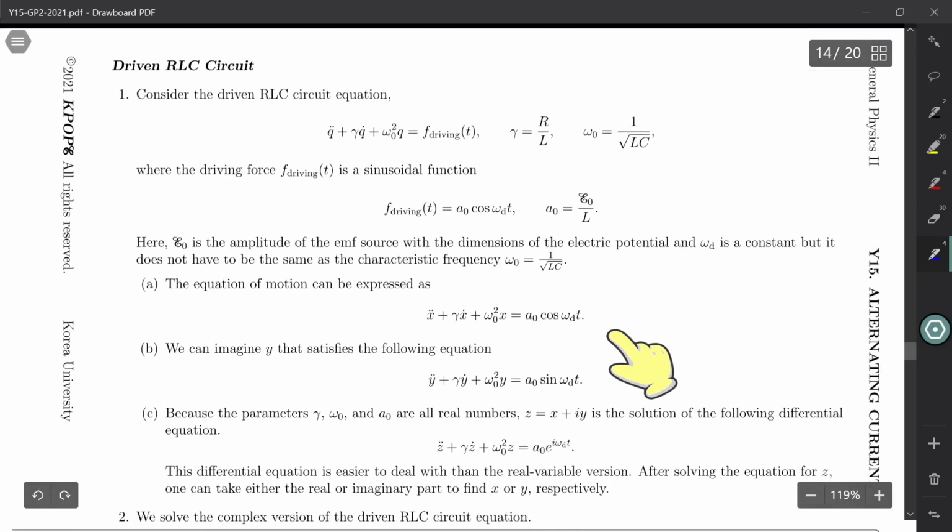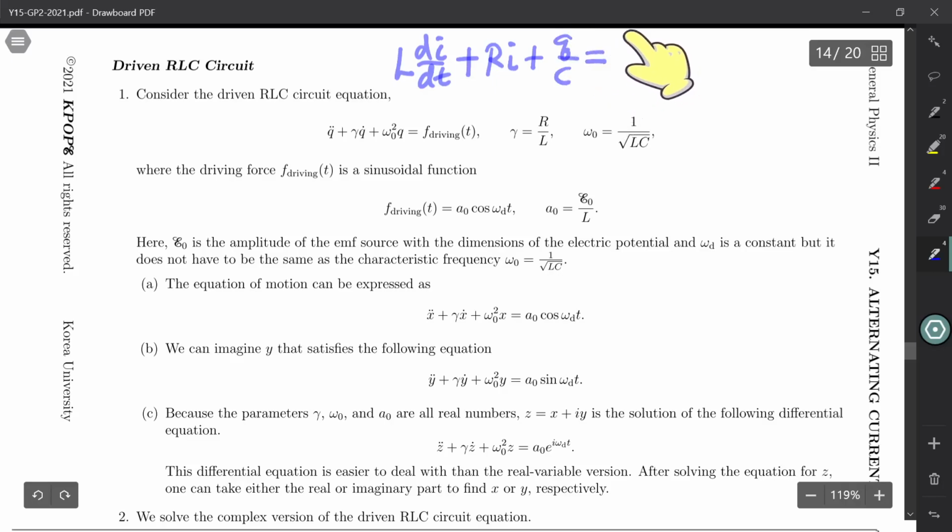Let us consider the driven RLC circuit. This is E. Direct current we use is E only, but in alternating current, for example, cosine omega t here, to distinguish this frequency from the characteristic frequency omega 0, we use the d.